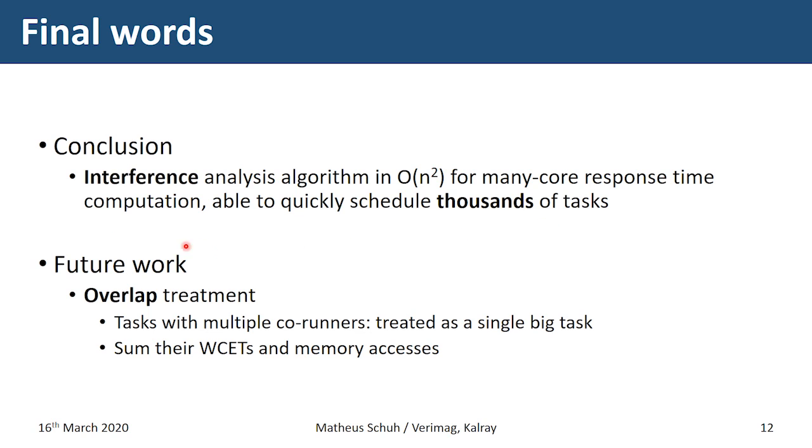And as future work, we foresee the treatment of overlap between tasks running on the same core, as at this moment the algorithm considers them as a single big task in order to compute the interference. Dealing with this overlap can actually reduce the pessimism introduced in the response time computation.